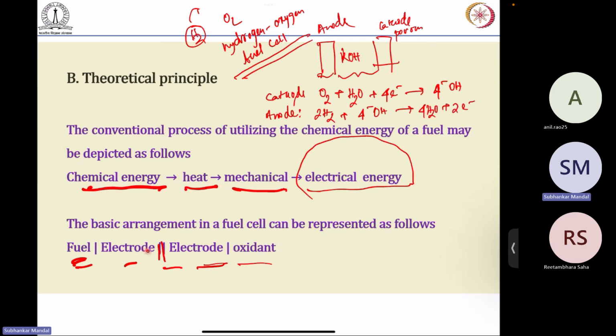I think we have discussed these things in the last class also. So in the overall reaction, what will be the overall reaction? Basically you can add these two.